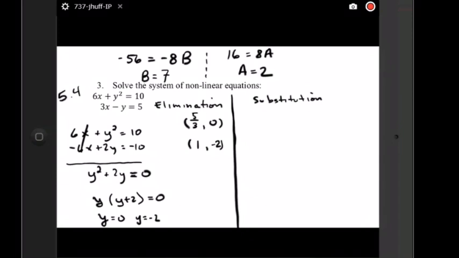What I would do for that, just take that bottom equation there and rearrange it so y is by itself. So if you moved y to the right side and 5 to the left, essentially just switch their places. That bottom equation becomes y equals 3x minus 5. And then the top equation stayed the same.